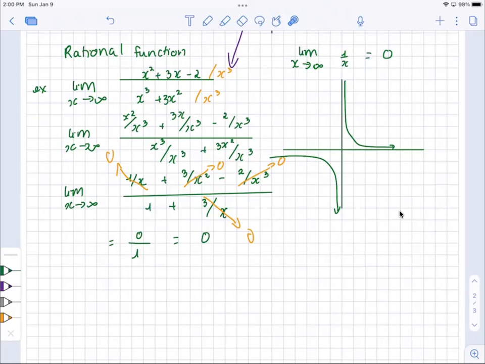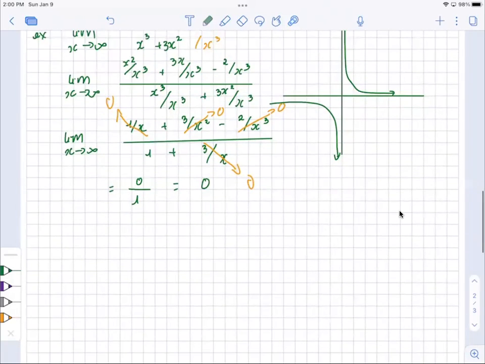But if the highest power of the denominator is smaller than the numerator, then the limit goes to infinity. And if the denominator and the numerator have the same highest power, then the limit is the ratio of the coefficients of the highest power of the numerator and denominator. Right? I hope you get that.